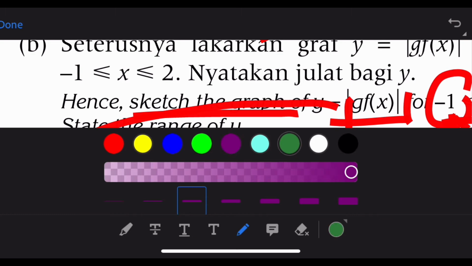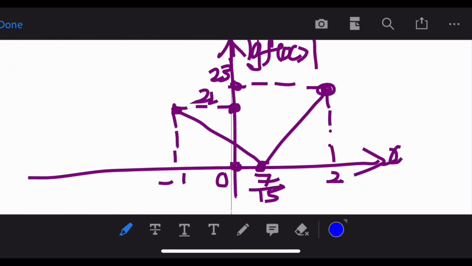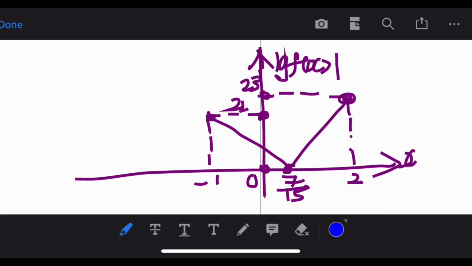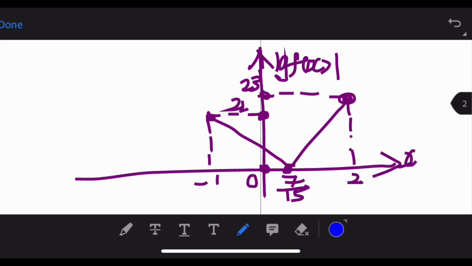So how to find the range of the function? The range is always the y value for the corresponding domain. So we will highlight like this. To find the range, you just study the lowest point, which is here, and the highest point, which is 23. So this is the y value, or we can say this is the range.